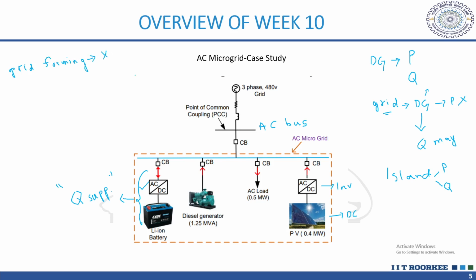So if we don't have a grid forming inverter with us, this diesel generator will act as our typical thermal synchronous generator, and hence it will give us the V and F, the reference signals for other converters to work. So this is the function of this DG in a microgrid setup.